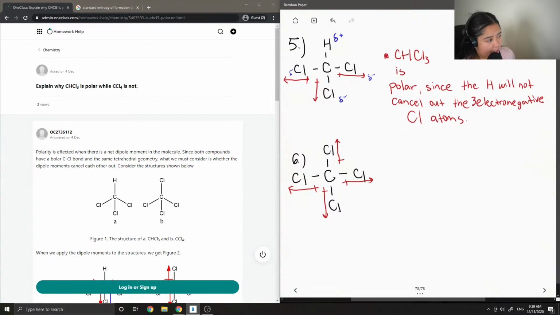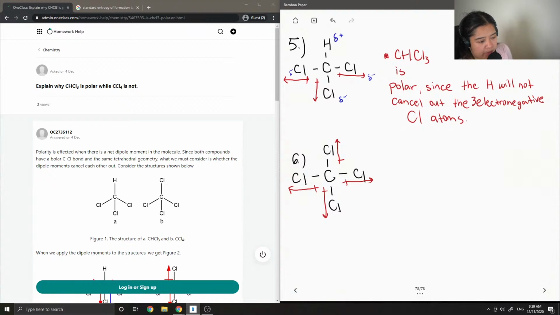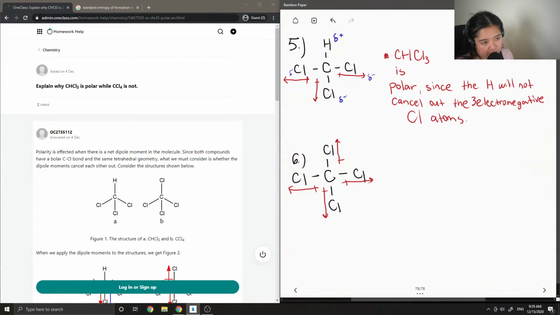In CHCl3, which is shown above it, we have a hydrogen, which isn't as electronegative as all the other chlorines, so it won't be able to cancel out, showing that there's a side that's partially positive and a side that is partially negative. But here, they all cancel out.